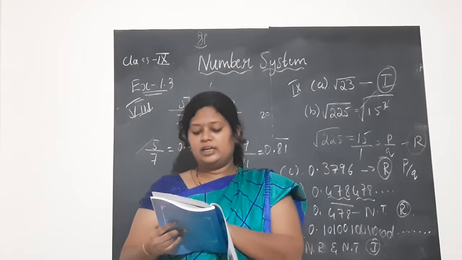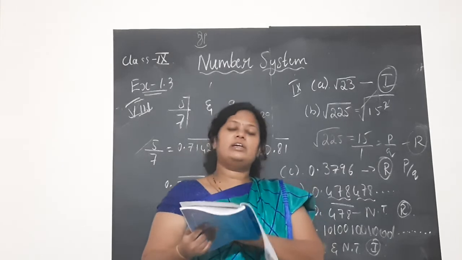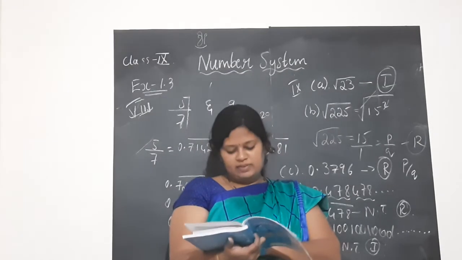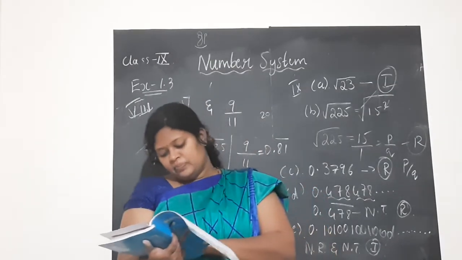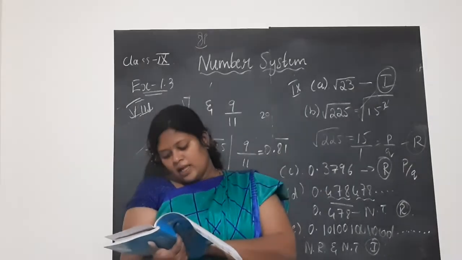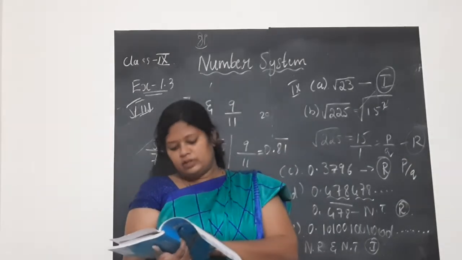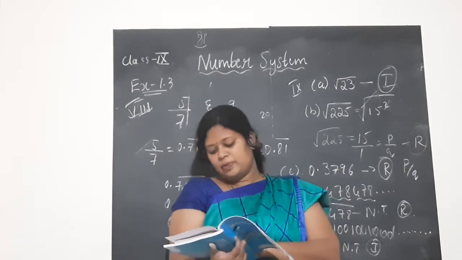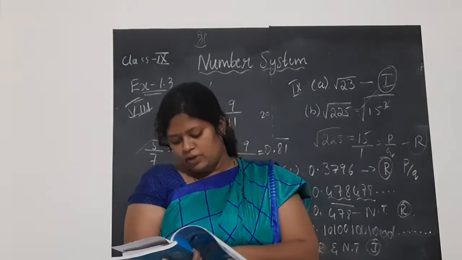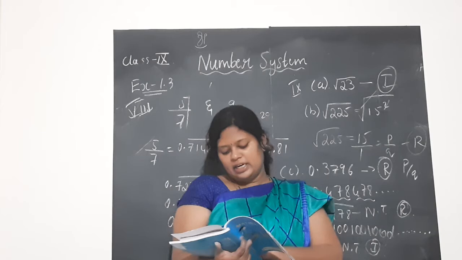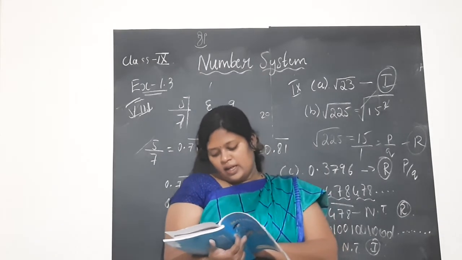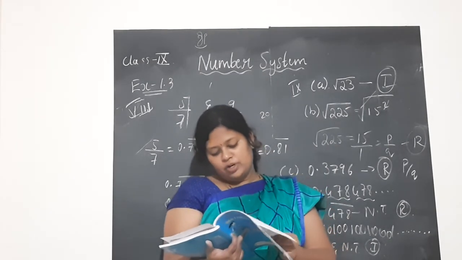What is terminating, what is non-terminating and so on. For that, you should write the definition and give examples. Similarly, in the last but one paragraph in your textbook, we see the decimal expansion of rational numbers has only two choices: either they are terminating or non-terminating recurring. That I want you to write.